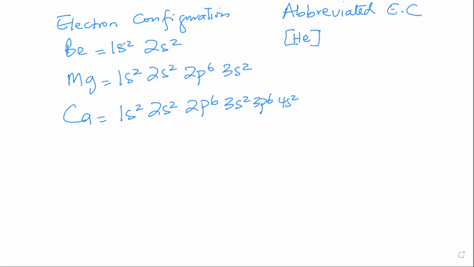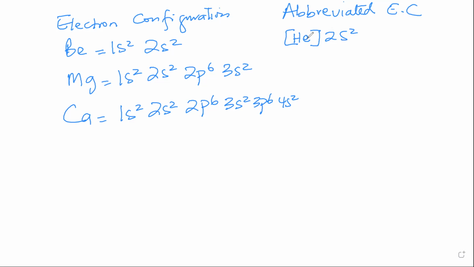Then after that, you continue to 2s2. So this means 1s2, the electron configuration of helium, which is 1s2.